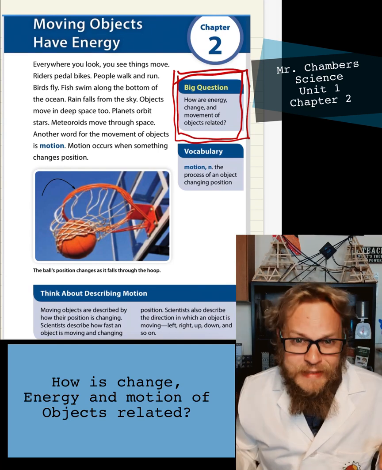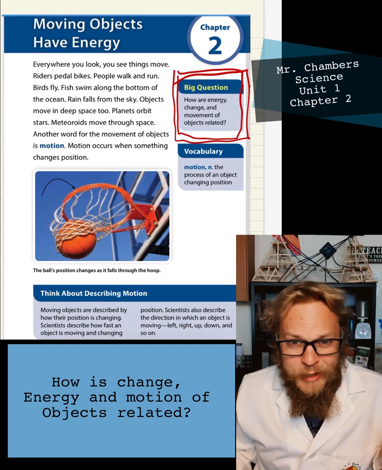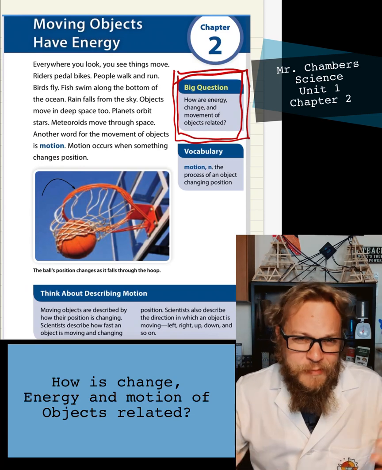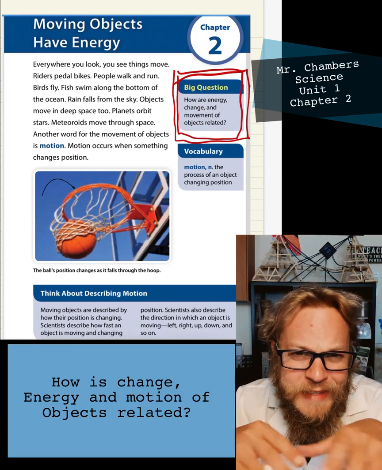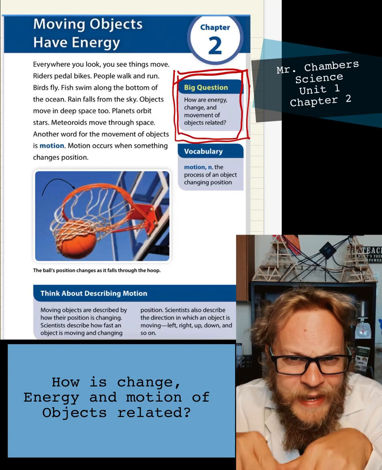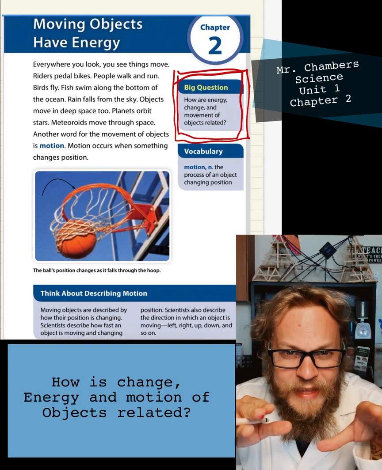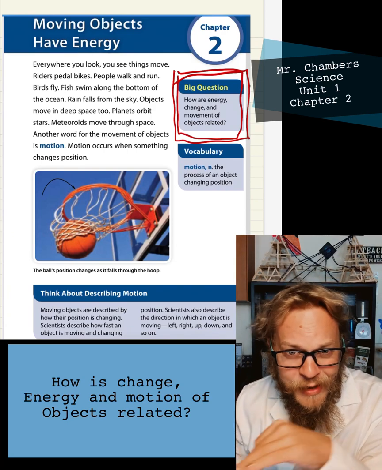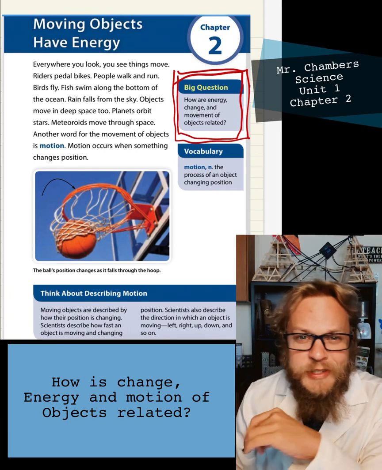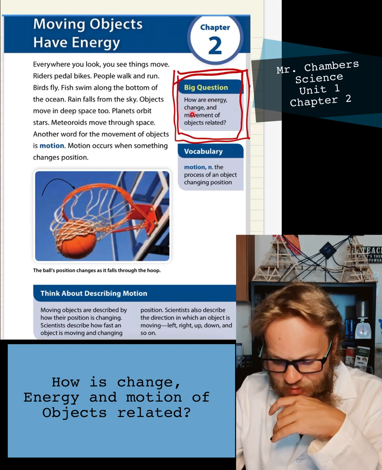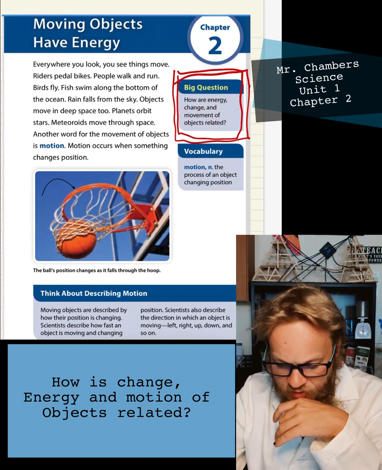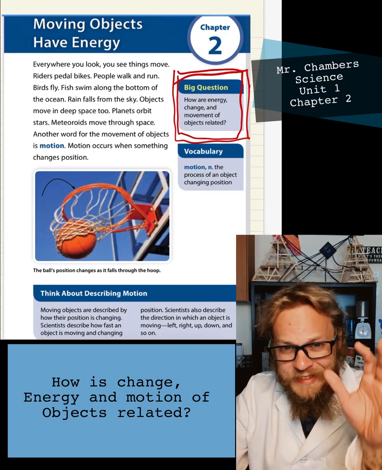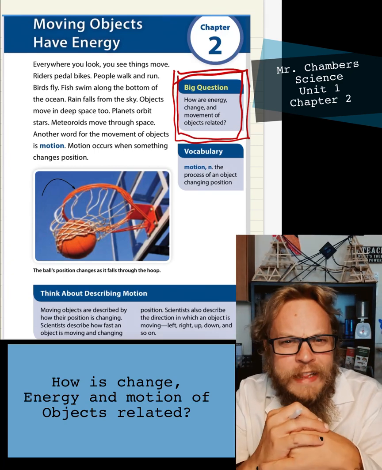It stays in one place. We could call plants and animals objects, but I'd rather call them flora and fauna. When I say objects, let's talk about the inanimate, the things that do not have life, the things that cannot move on their own, no matter how many times we have watched Toy Story. Okay? So we're looking for the energy, the change, and movement of objects, and how are they all related?